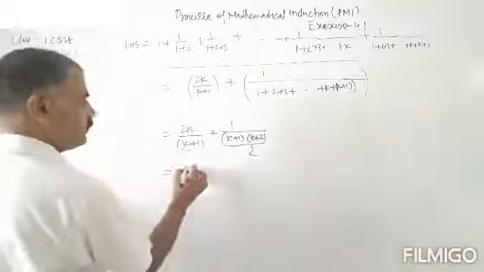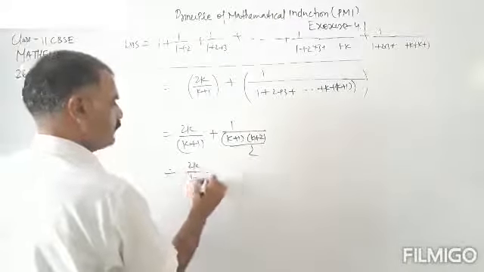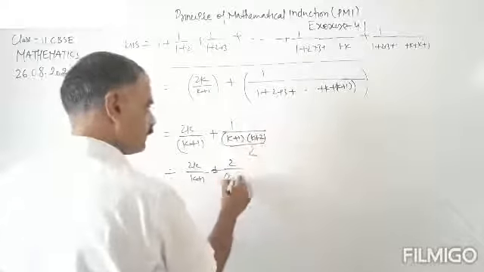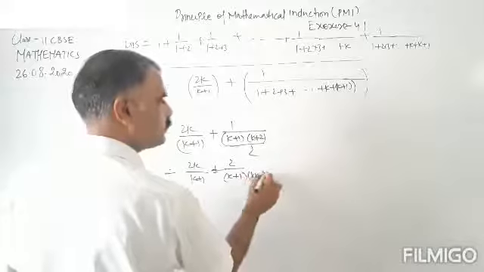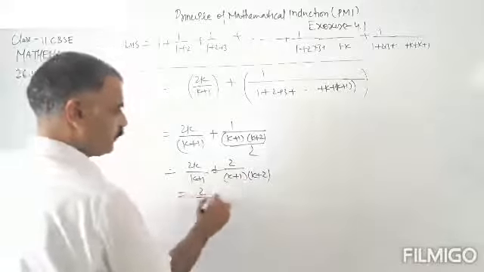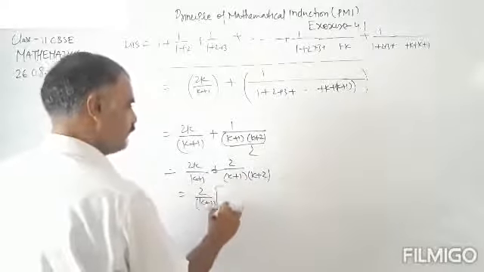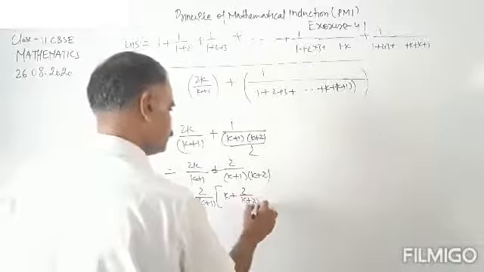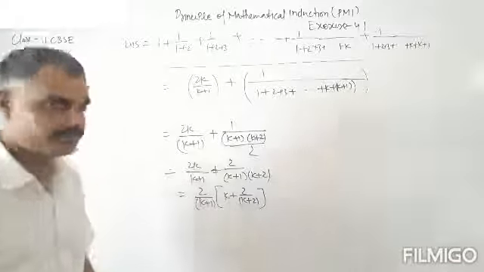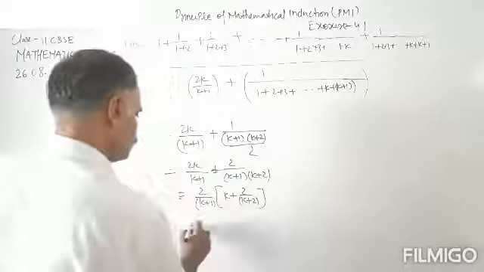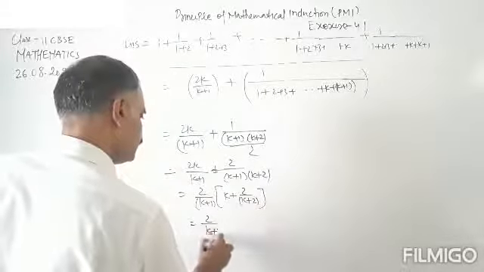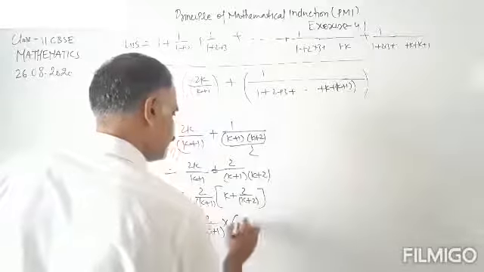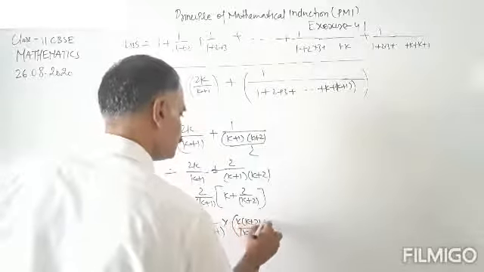This is equal to 2k upon k plus 1 plus 2 upon k plus 1 into k plus 2. Now taking 2 upon k plus 1 as common, we have k plus 2 upon k plus 2. So this is equal to 2 upon k plus 1 into, taking k plus 2 as LCM, k into k plus 2 plus 2.